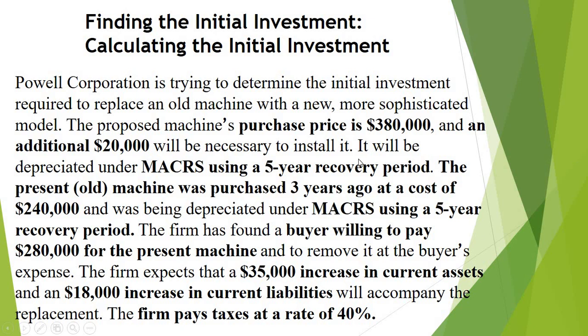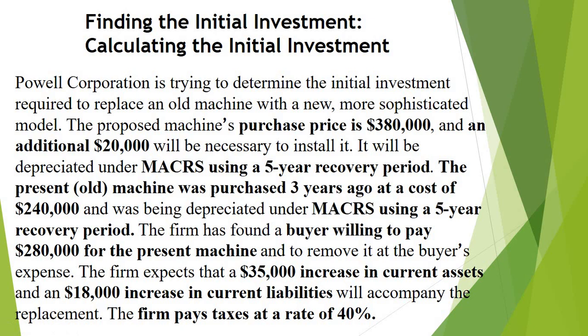Now the new machine will be depreciated under MACRS with a 5-year recovery period. The old machine was purchased 3 years ago at a cost of $240,000, and the old machine was also depreciated under MACRS using a 5-year recovery period.